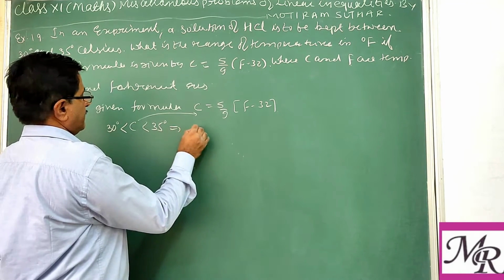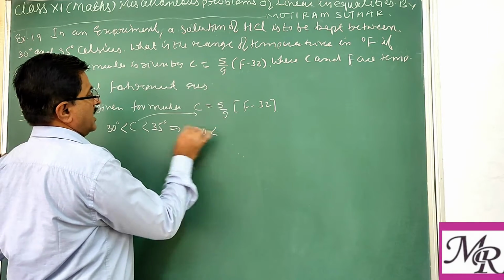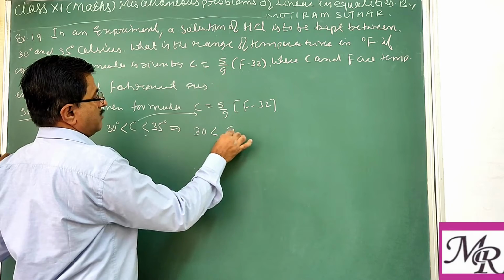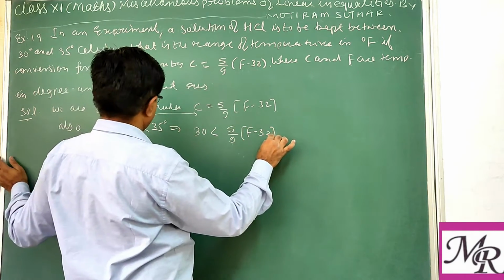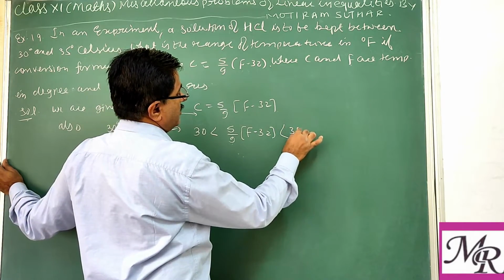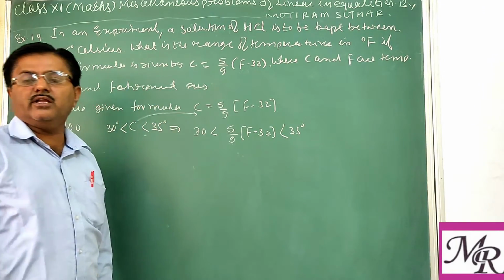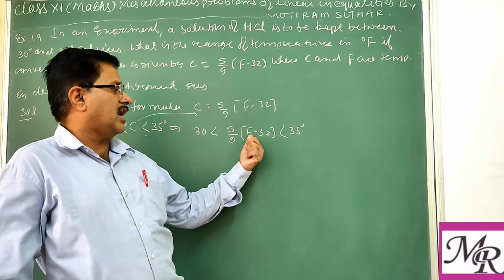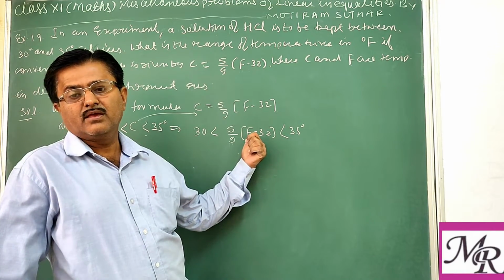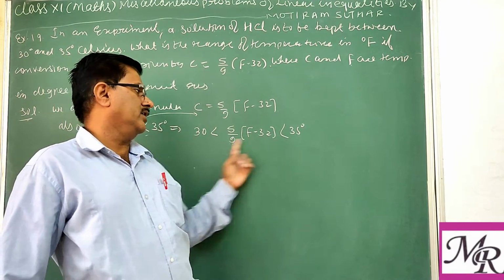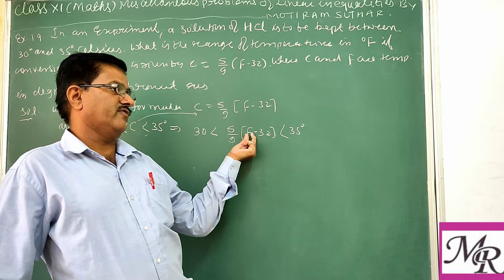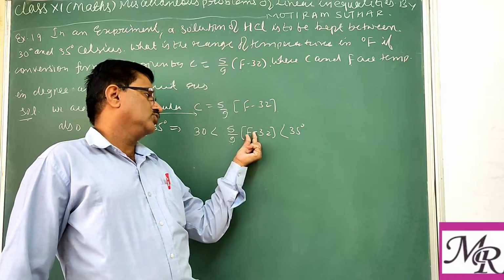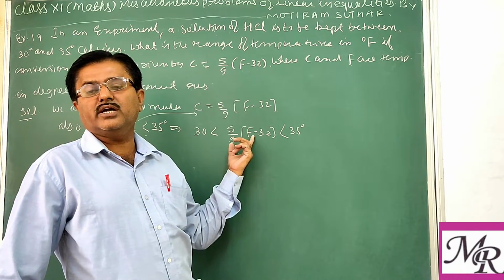So that is 30 less than C, C means 5 by 9 into F minus 32, less than 35. So now this is the inequality. Here the variable is F, like x. This is the double inequality you have to solve. The variable is F, that is degree Fahrenheit. So this is the same as F, supposing it as x.